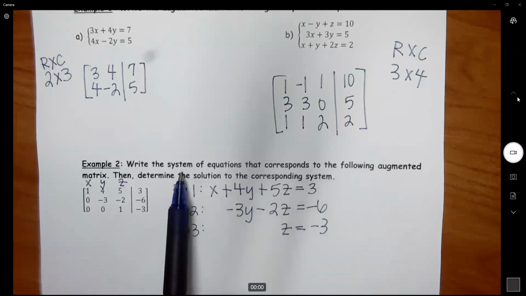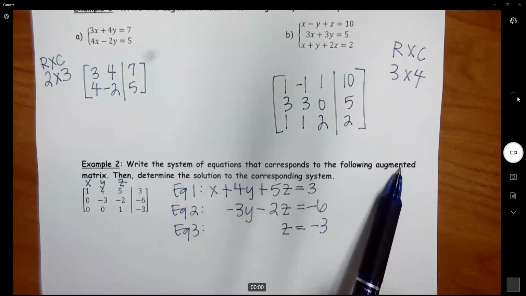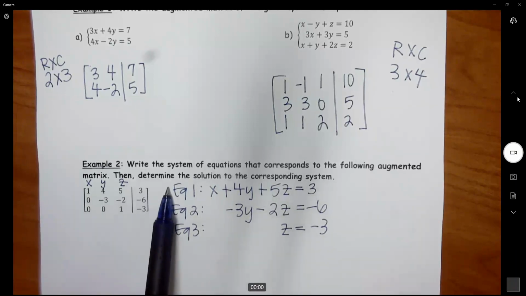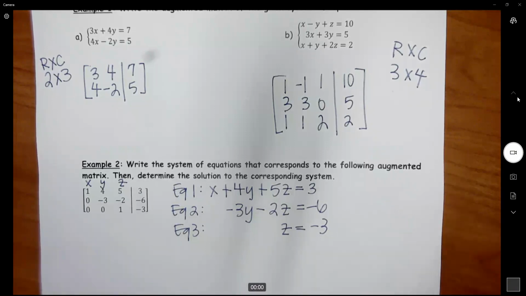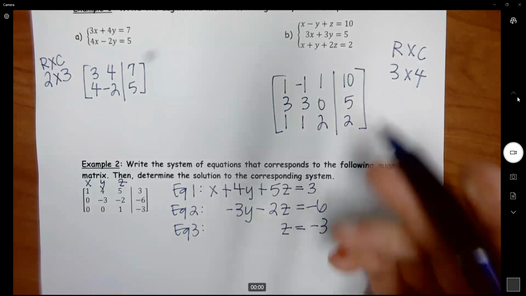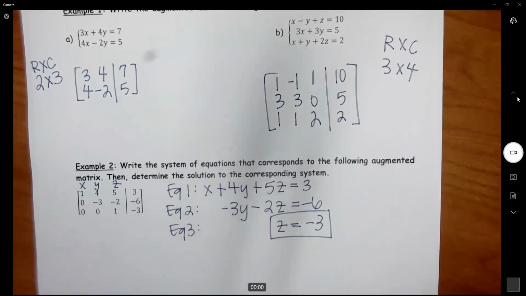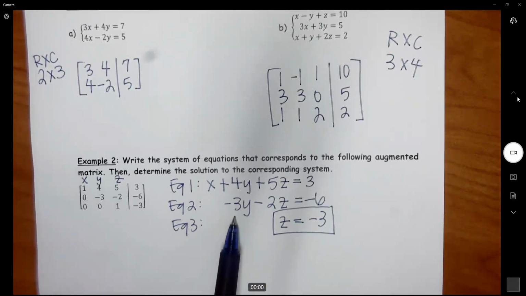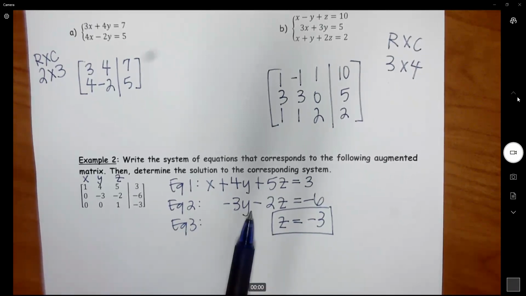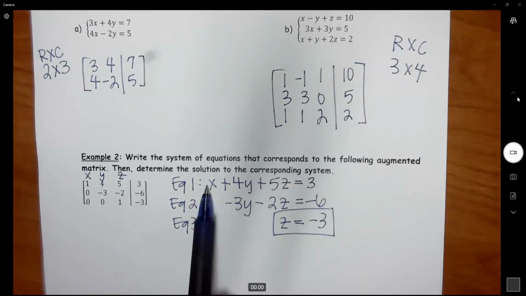So after we write the system of equations that corresponds with our augmented matrix, then we need to determine the solution of the system. Well, this is really just plugging everything in. I know Z equals -3. So now let's take our second equation and plug that in to get Y. I could plug this into the first one, but then I'm going to have two unknowns, so it doesn't help me.